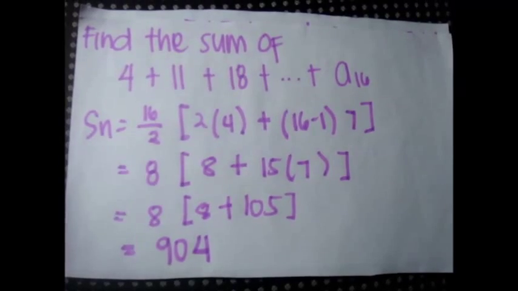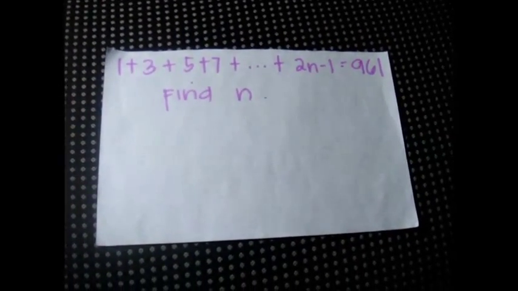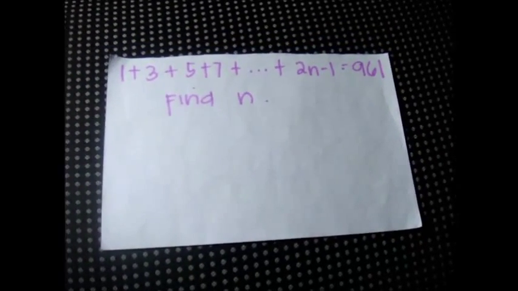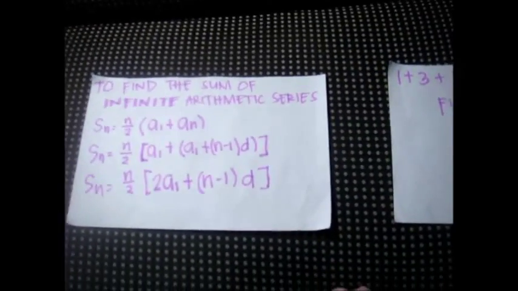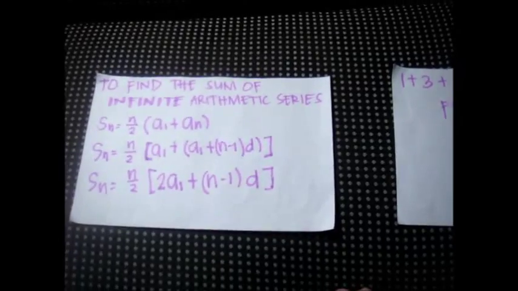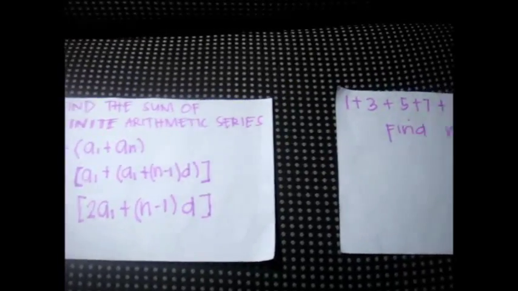Let's have another problem. 1 plus 3 plus 5 plus 7 up to 2n minus 1 is equal to 961. Find n. This is an example of an infinite arithmetic series. Therefore, we need to use the formula s sub n is equal to n over 2 multiplied to 2a sub 1 plus n minus 1 multiplied to d.